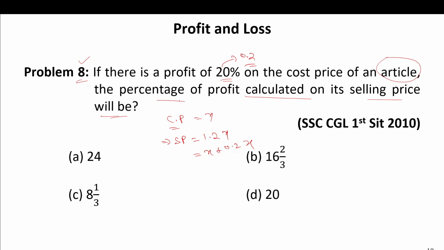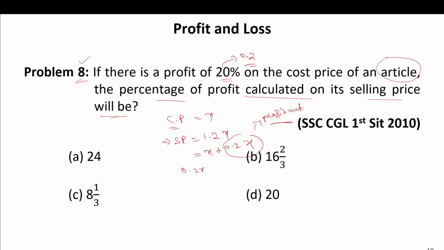So what we want is the percentage of profit calculated on its selling price. So 0.2X is the profit amount. So this much is the profit amount.